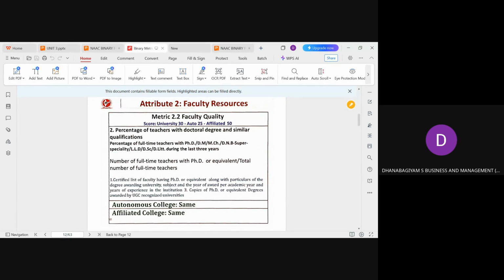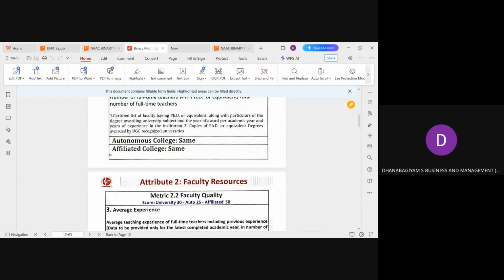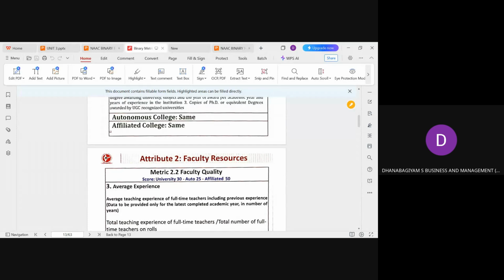So the faculty should have either a PhD or equivalent, along with a degree awarded by a university in the subject. So basically, the terminal degree is very important. We should have the PhD certificates of the faculty, and sometimes we need to submit them to the university in the NAAC filing.